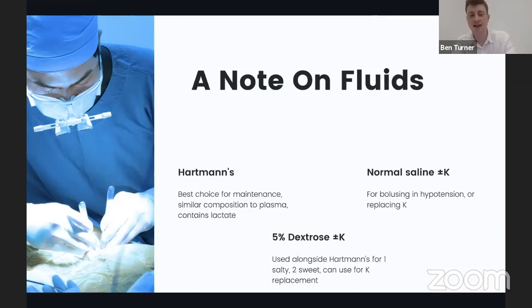It's worth noting that it contains a little bit of lactate, and that's why for your septic patients, or your perforated organs, or your ischemic organs, when you've got lactates of 7, 8, 9, 10, you shouldn't be giving Hartmann's then, because it's got extra lactate in it, and so it will contribute to the lactic acidosis that will be making the patient feel very unwell, which is why in those patients, the standard is giving normal saline and bolusing normal saline for hypotension.